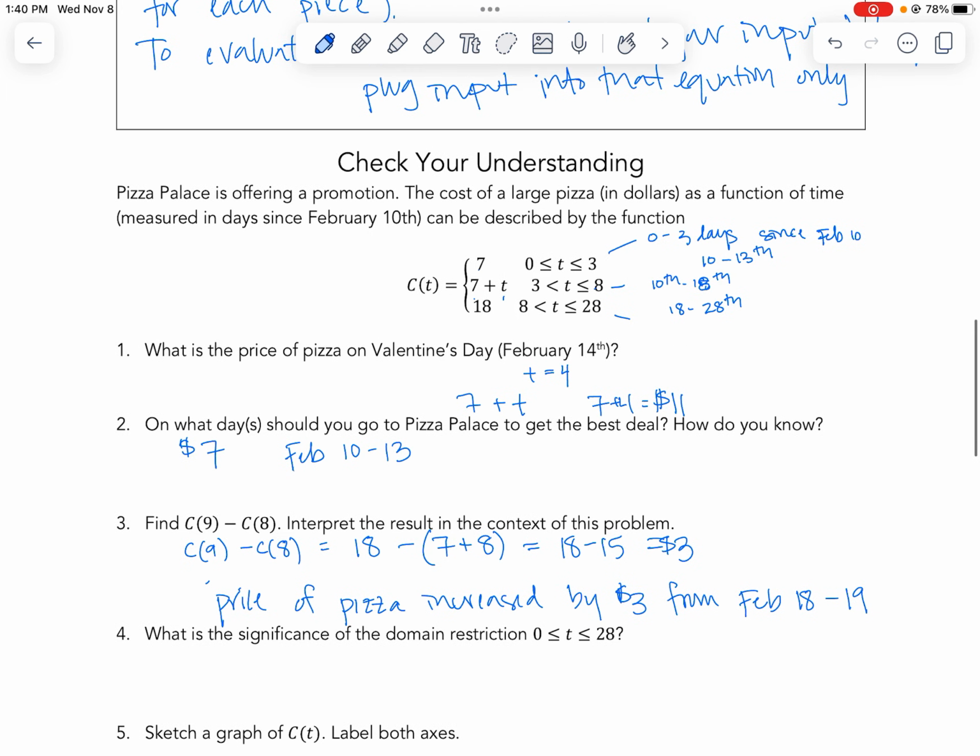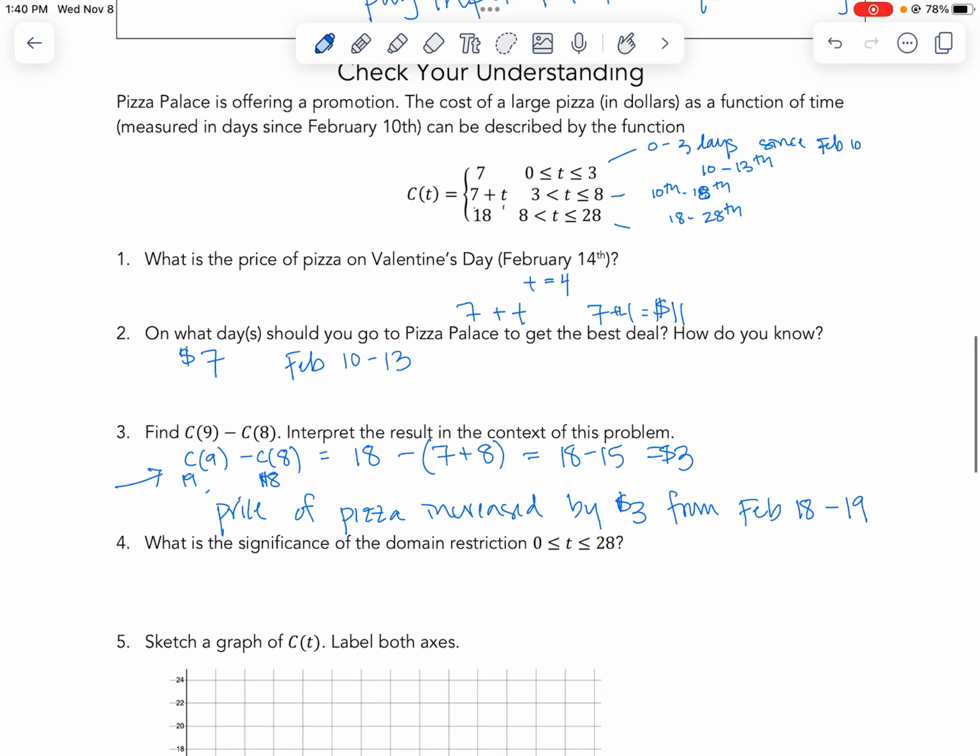So this is asking how much did the price of pizza change from the 18th to the 19th. Okay, the next one. What's the significance of the domain restriction 0 to 28? Well, the promotion runs for 28 days starting on February 10th.